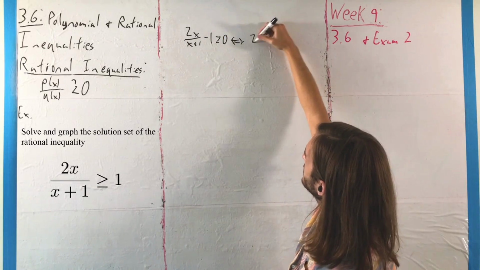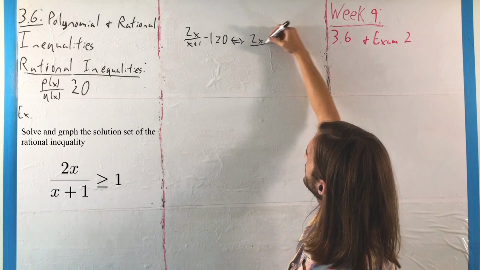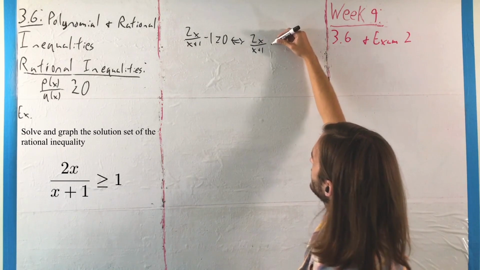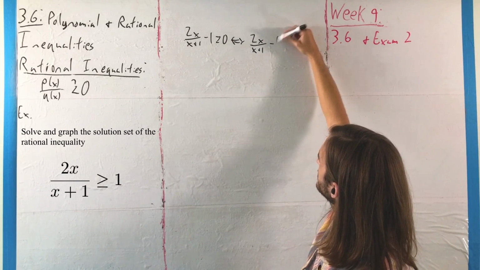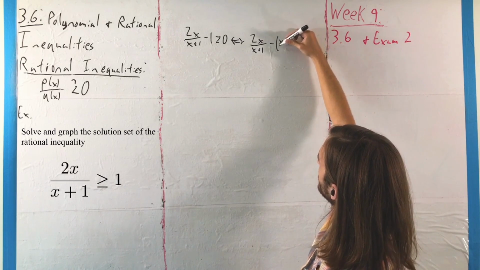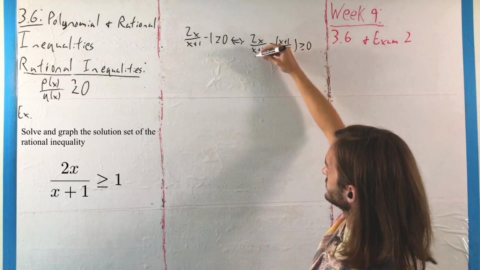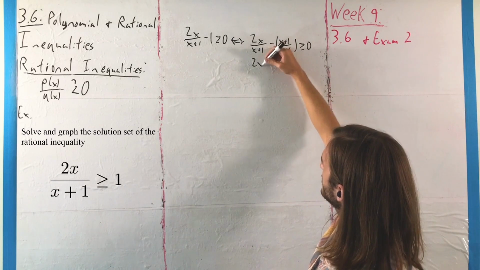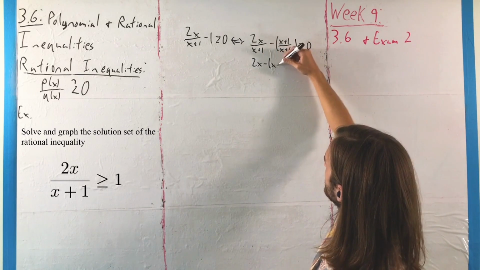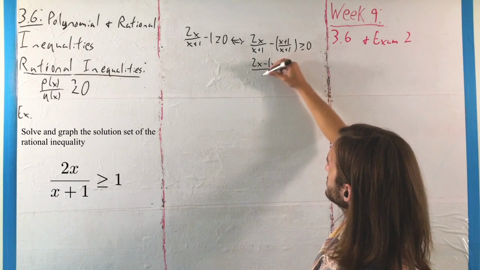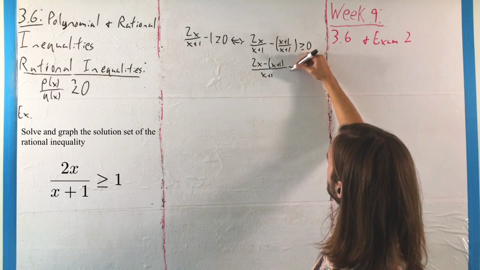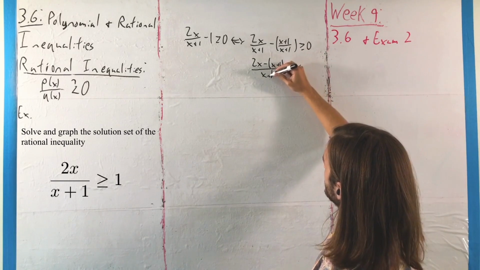So we will have 2x over x plus 1 minus x plus 1 over x plus 1 is greater than or equal to 0, or 2x minus x plus 1 over x plus 1 is greater than or equal to 0.